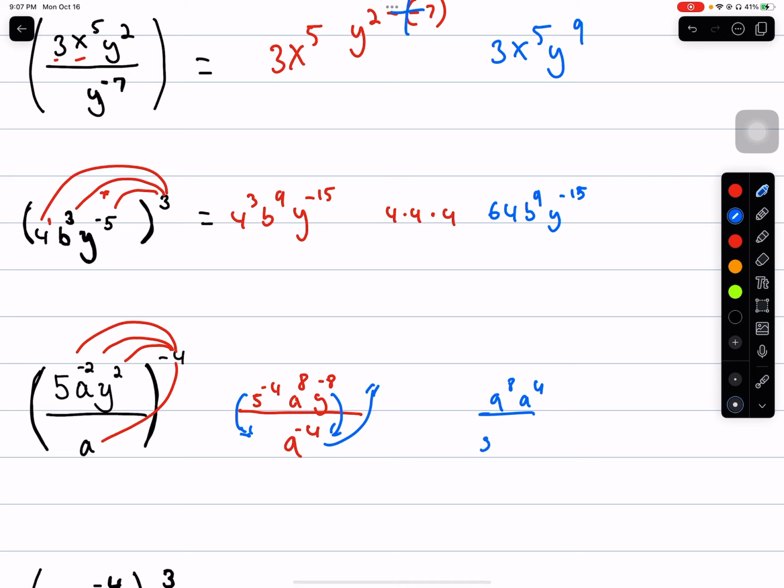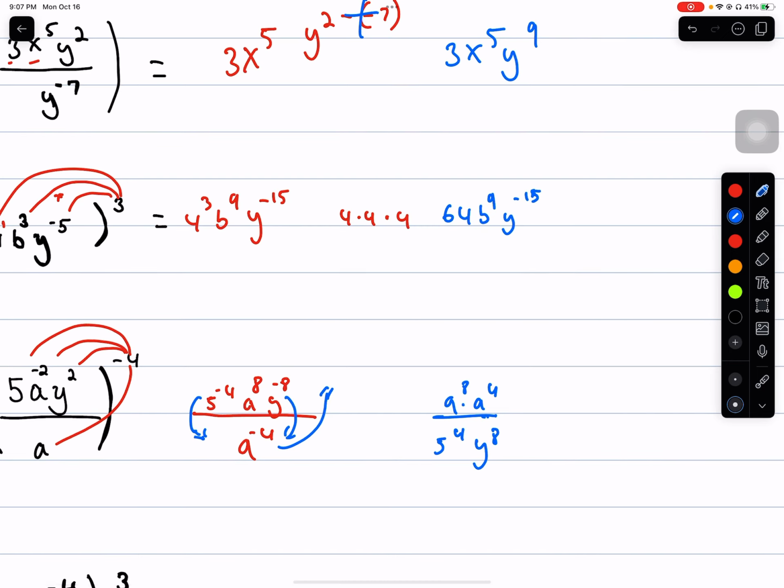And then in the bottom, we have 5 to the 4th, and y to the 8. Now the a's, all right, I can put them together. That's 8 plus 4, which is going to give me a to the 12 over 5 to the 4th, y to the 8.